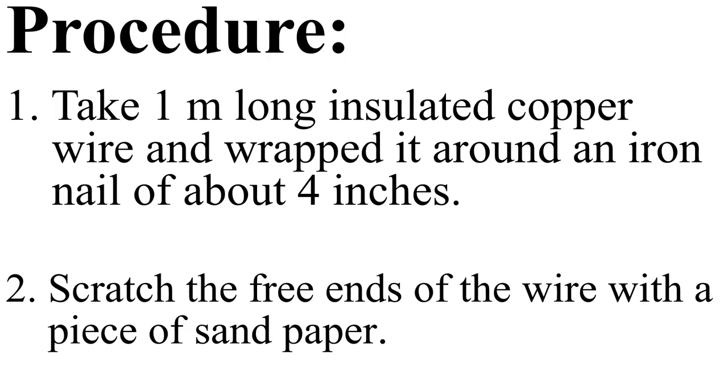Number 2. Scratch the free ends of the wire with a piece of sandpaper. Sandpaper has a rough surface, so it can very easily scratch the topmost layer of the wire.